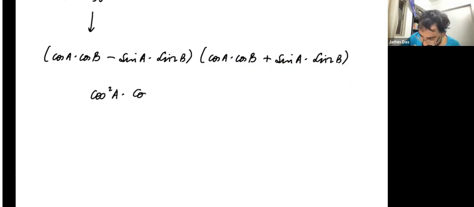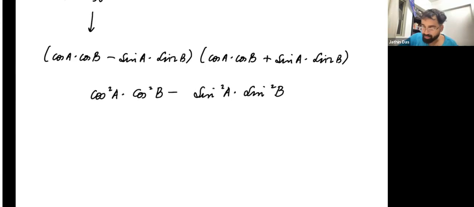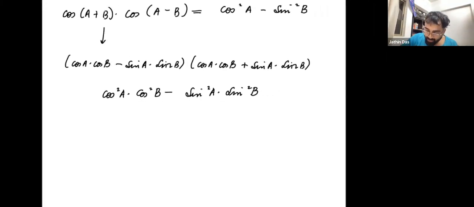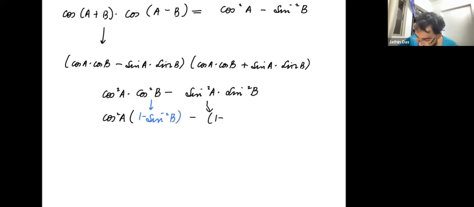So cos square A cos square B minus sin square A sin square B. Now there is only one way you can split it. You can change it. So what I do is change this into 1 minus sin square B. And this you will change as 1 minus cos square A into sin square B.